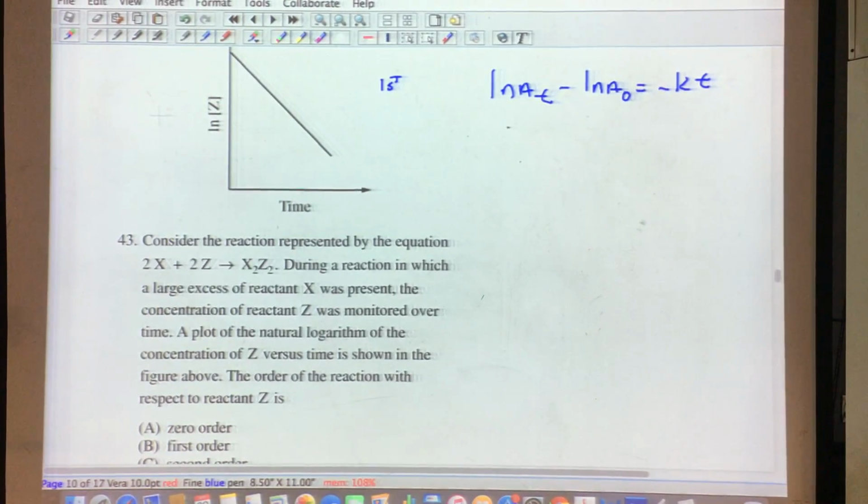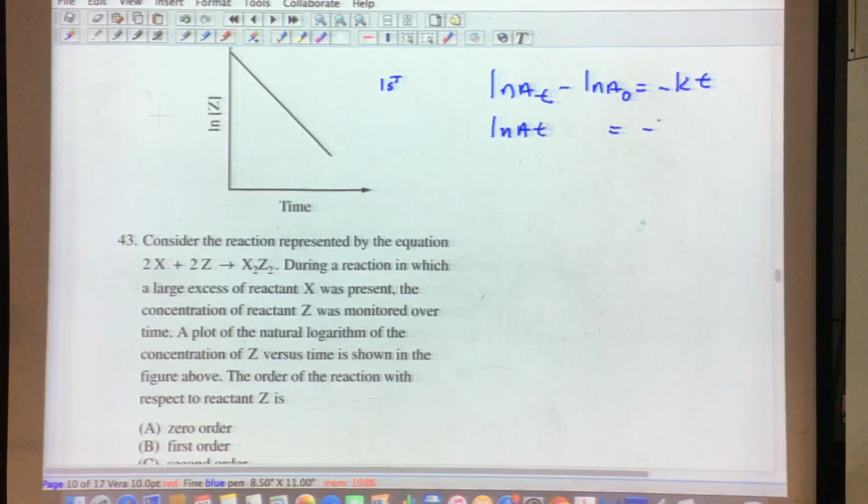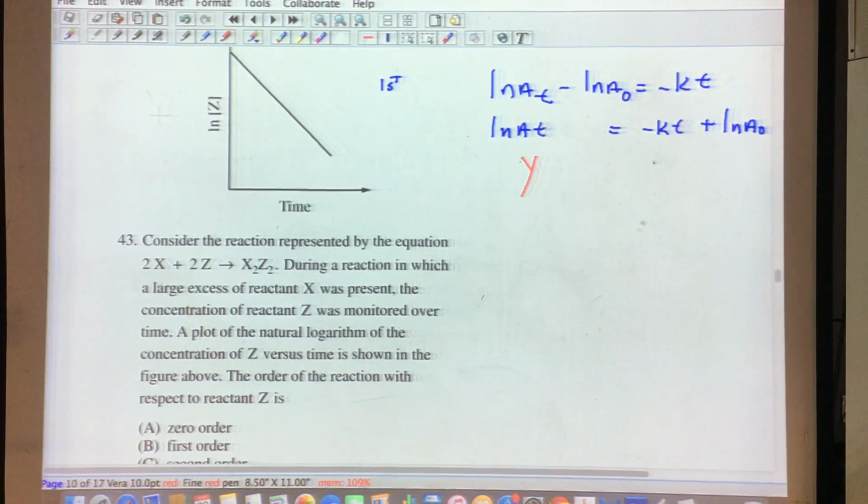They give you the ln of A at some time t minus the ln of A at time 0 equals negative kt. Now, if you rearrange this and make this positive, this is how they give it to you. This is the first one they give you. So this is for first order. So if I rearrange this, ln of A_t equals negative kt, and I'm just going to add plus ln of A of 0 to both sides. What do I have? y equals mx plus b.